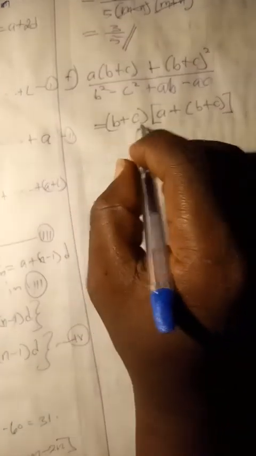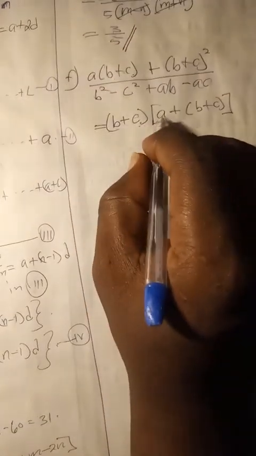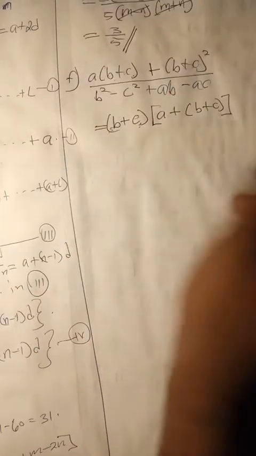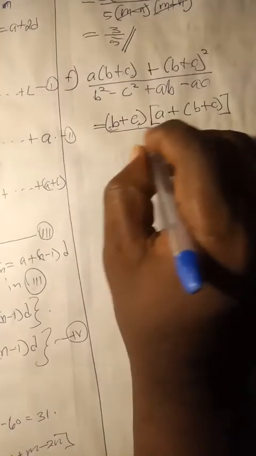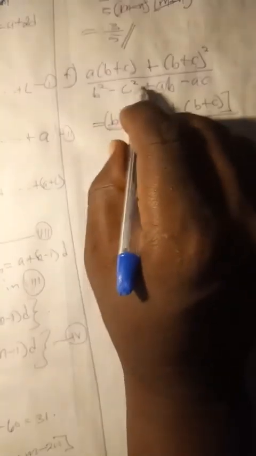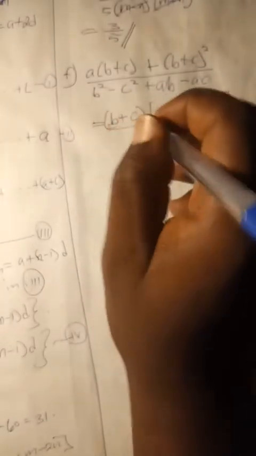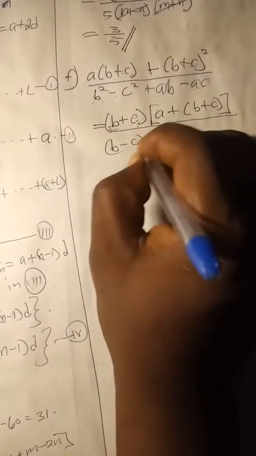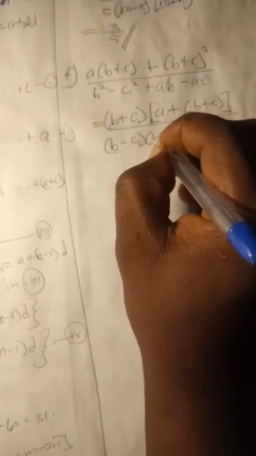There's no difficulty with this because eventually this bracket, b plus c multiplies a to give you this. B plus c multiplies this to give you this because they are the same, right? This is not difficult. In the denominator, we can have an idea here, the difference of two squares here, right? So I can put it as b minus c bracket b plus c. This is something I can do here.